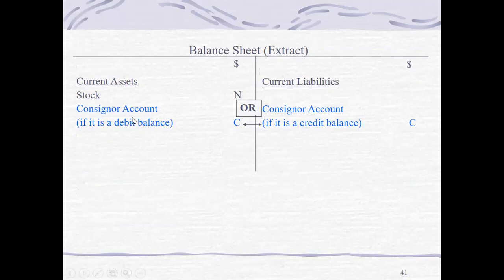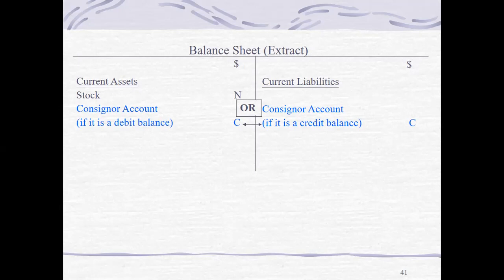However, that will be a debit balance, meaning a receivable, if the consignee made an excess remittance to the consignor. Also, there is a consignor account which is a liability if the consignee actually made a deficient remittance or only made partial remittance to the consignor.